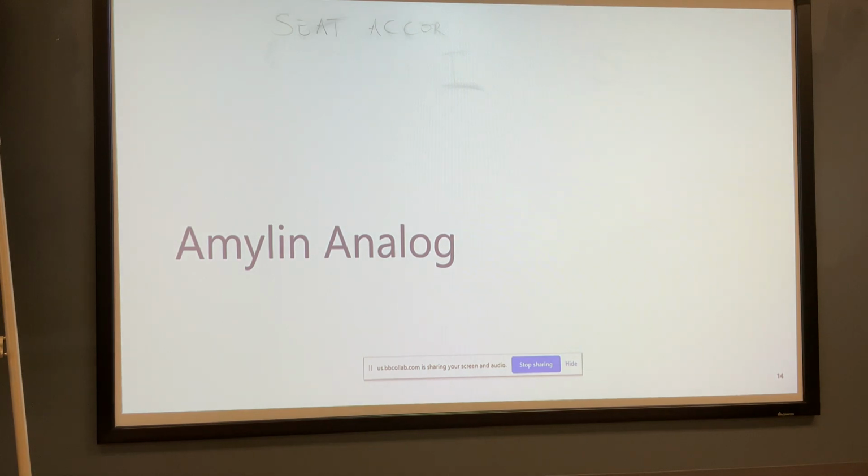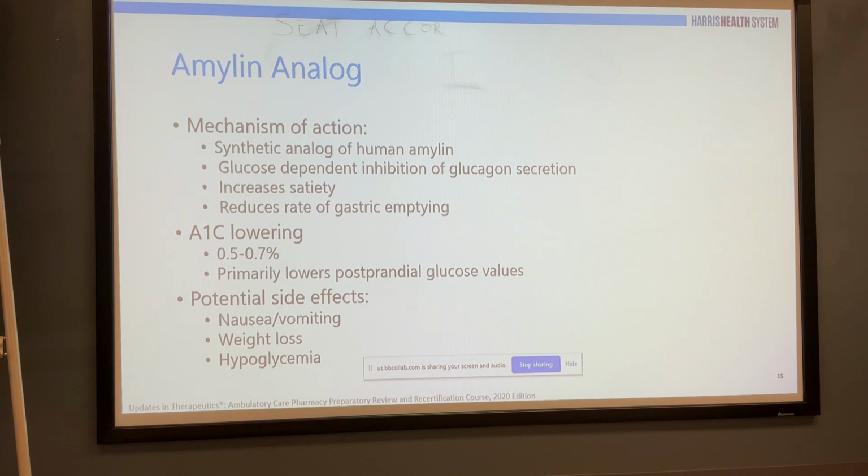All right, so we're gonna jump into our first class, the amylin analog. So amylin itself is a hormone that is secreted with insulin from the beta cells of the pancreas. So an analog means that it's a man-made version of what the body does naturally, right? So this is a synthetic analog of human amylin, and it helps patients feel full faster, it slows down gastric emptying in the stomach, and it does glucose-dependent inhibition of glucagon secretion.